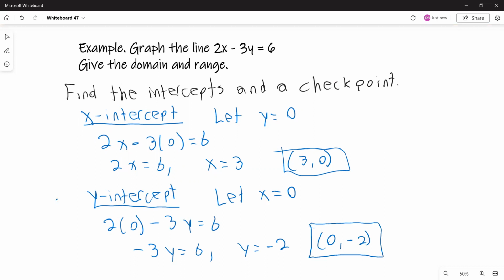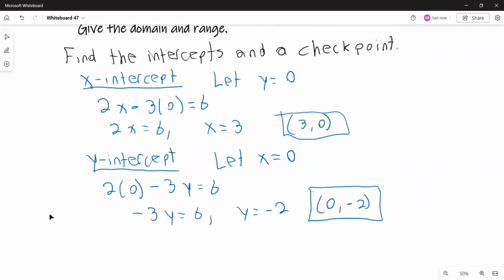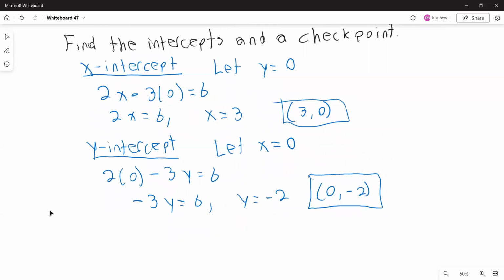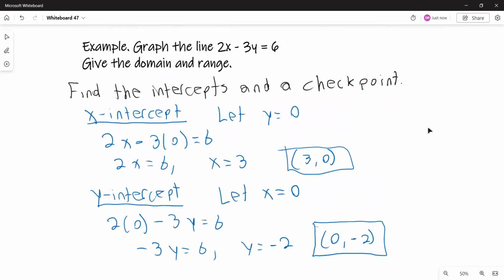So that's enough to get the graph of a function, but we're still going to do a checkpoint. On the homework, they're going to ask you for a checkpoint. For a checkpoint, we can look for a y value that makes it work.